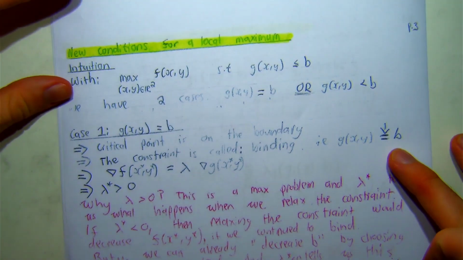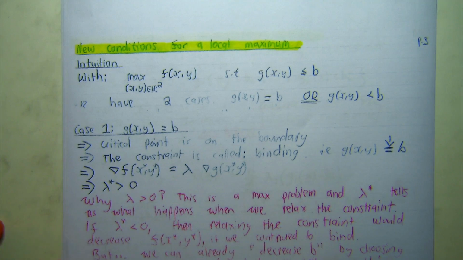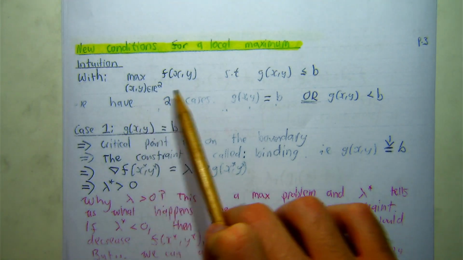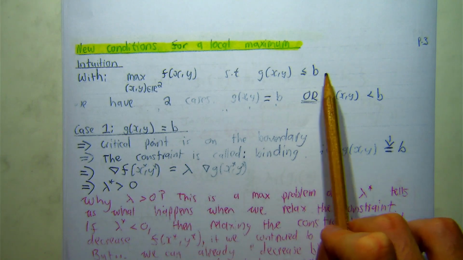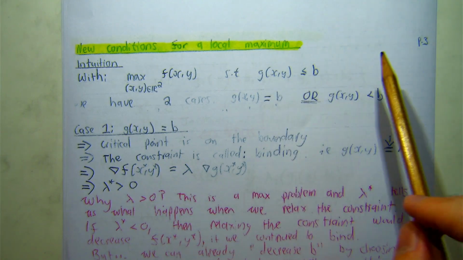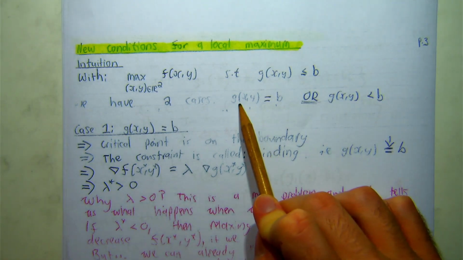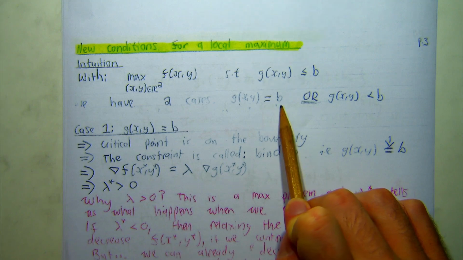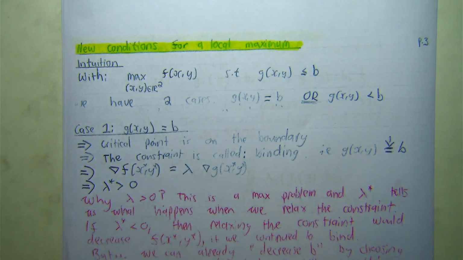Okay, so new conditions for a local maximum. And I want to look at the intuition first as to where this new condition in our first order condition comes from. If we have our max problem here and our constrained function is less than or equal to b, at the end of the day, there's going to be two options. Either the constraint function is exactly equal to b, or the constraint function is strictly less than b.